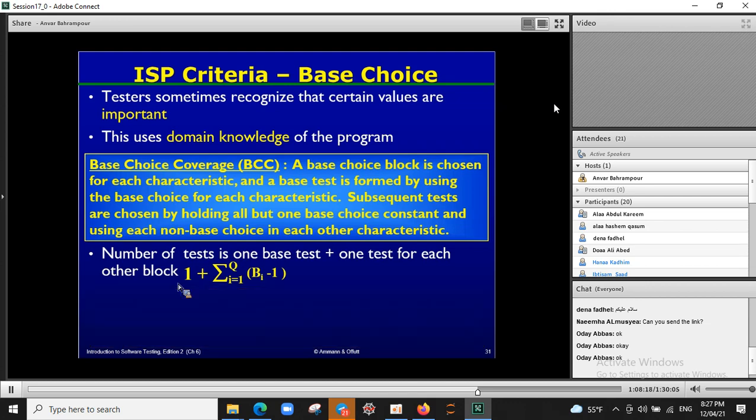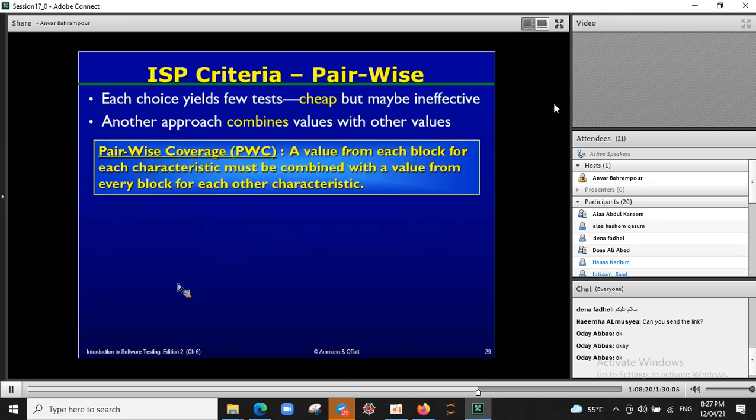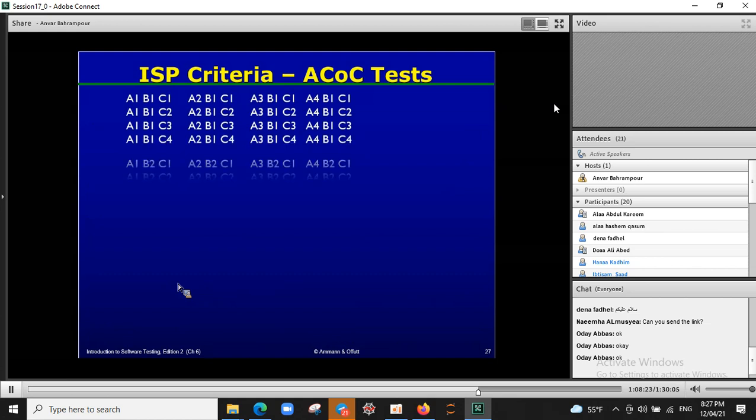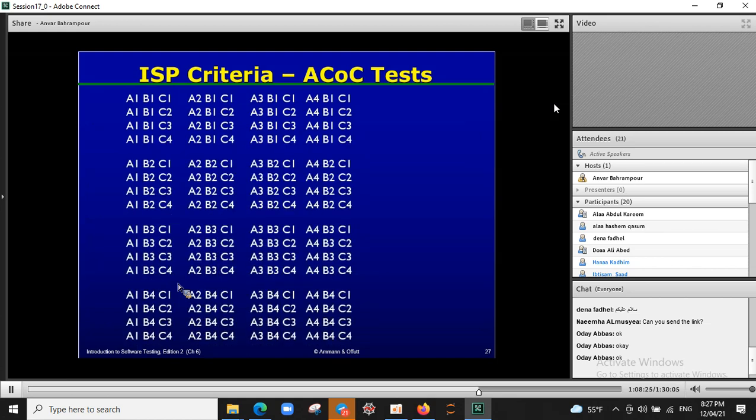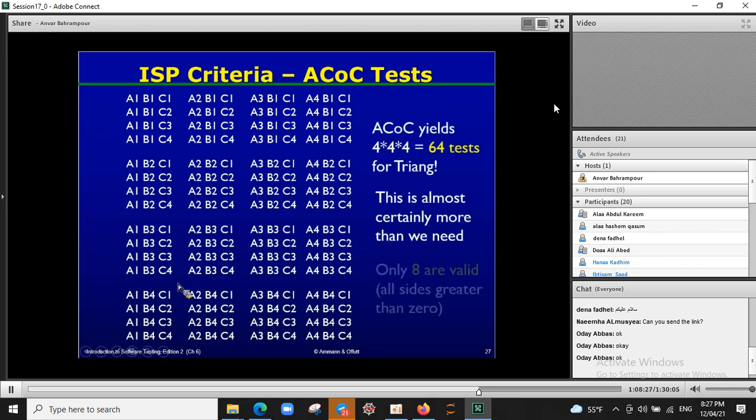All of us know that any valid triangle has a value for its sides greater than 1.